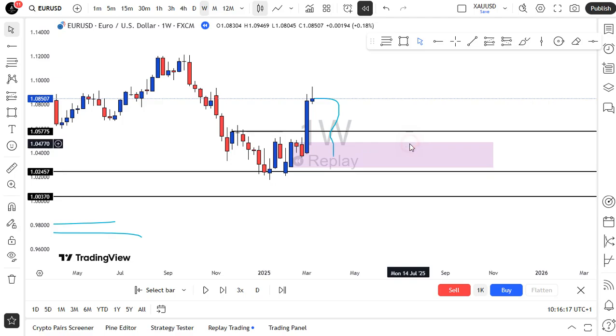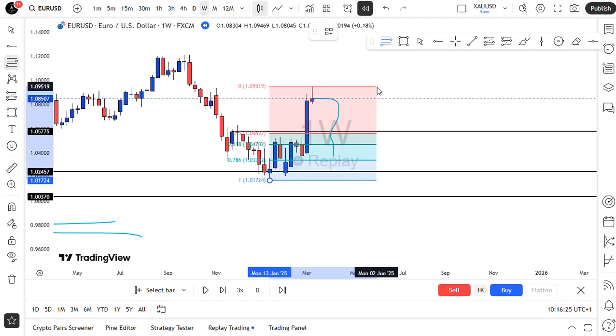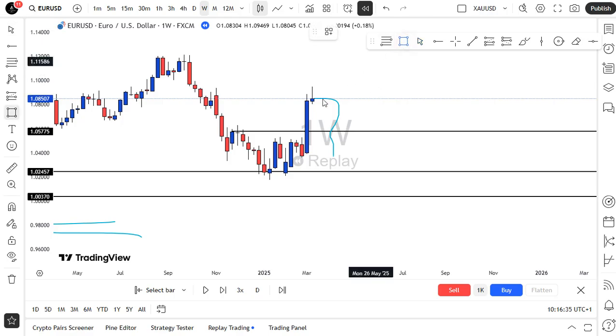But if you are not used to the range, you can just use Fibonacci by drawing from the lowest points to the highest points, which is here. Then maybe you may be targeting, let's say, this 50%, or this lower one. But if I don't use Fibonacci, I can just use my ordinary eyes.